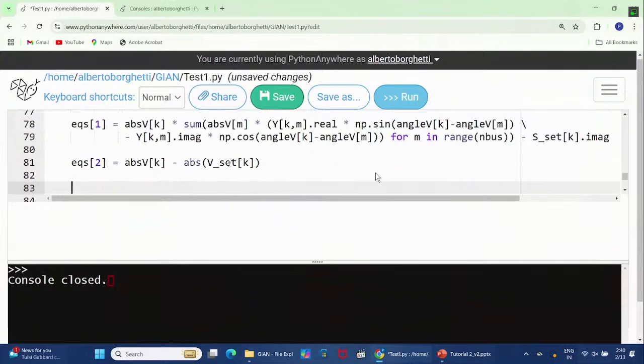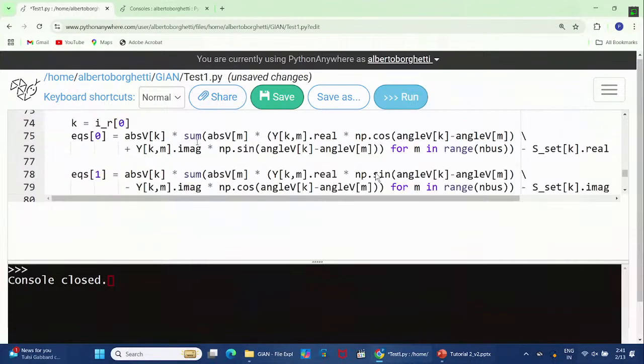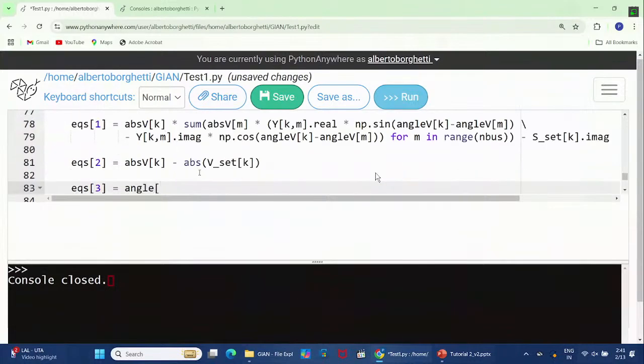And then equation 3, that is the last one, it is the angle. The angle should be 0, so angle. We have defined the angle here, the variable in node K, minus, and we can say that it is 0 or it is np.angle.